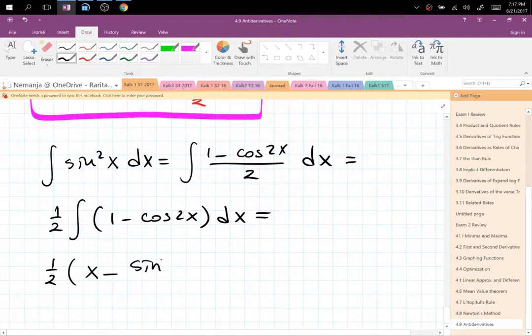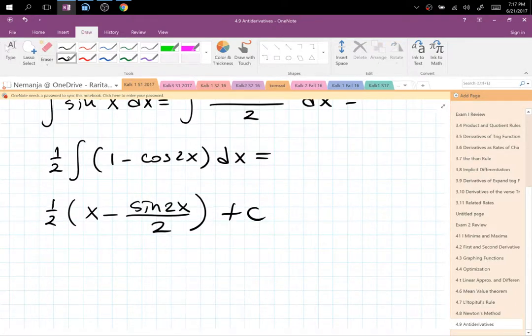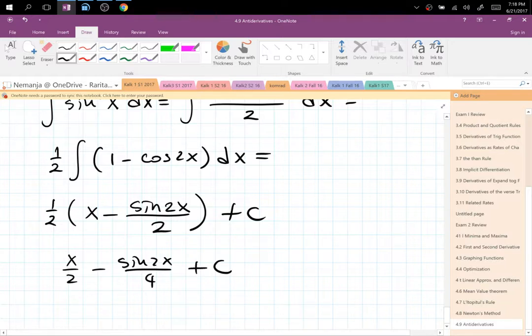Sine 2x, divided by 2, close parenthesis, plus c. It's not there for decoration, I'm sorry. So the final answer: x over 2 minus sine 2x over 4 plus c. If you don't want the factored form, doesn't matter. Ta-da!